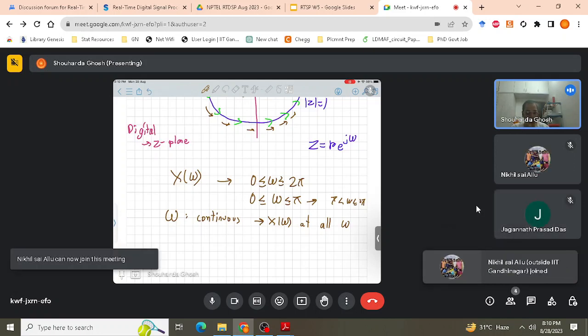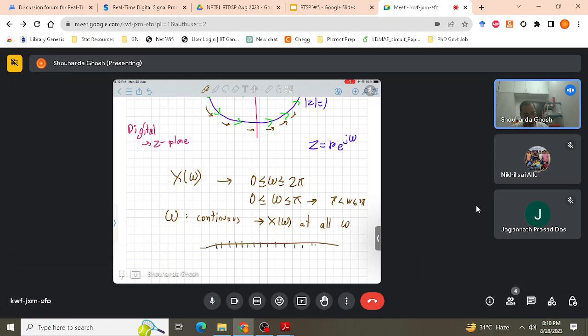Omega is continuous, it's on the real line, and hence you have to calculate all the points on the real line between 0 to 2 pi, and you can't do infinite computations. Our computer is a finite memory computer, and there is nothing called infinite memory in any computer. You may have terabytes, petabytes, yottabytes of memory, but then you have finite memory.